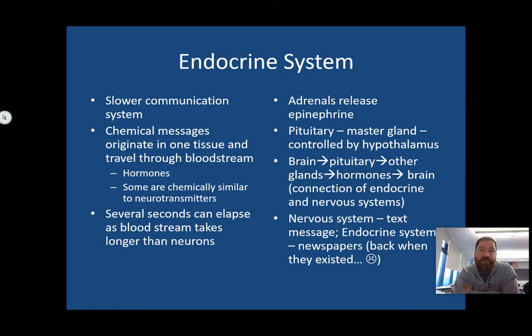The way I like to think of it is, if I'm the nervous system, it's like a text message. I send it right to someone I need to: hey, this needs to happen, make it happen. But the endocrine system is almost like putting an ad out in a newspaper and hoping that the newspaper gets delivered in the right spot. It goes through the whole bloodstream and affects the entire body.